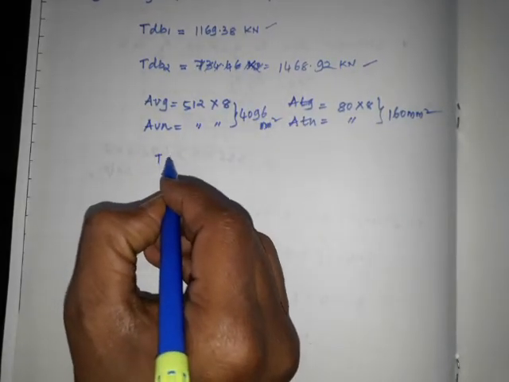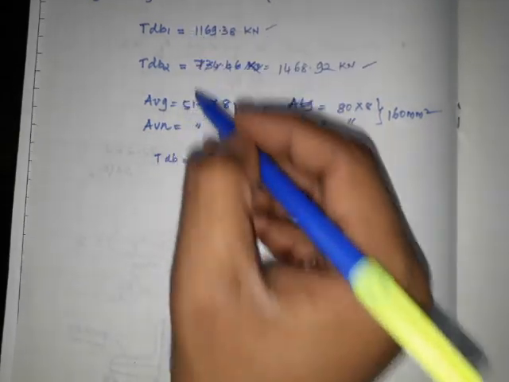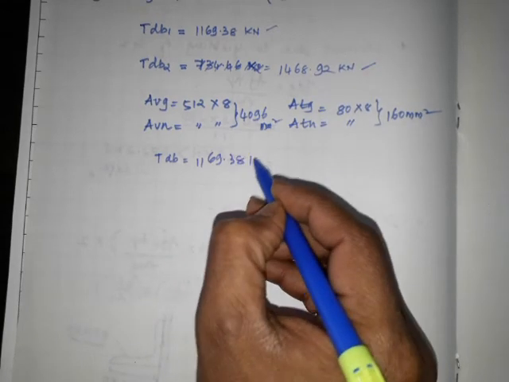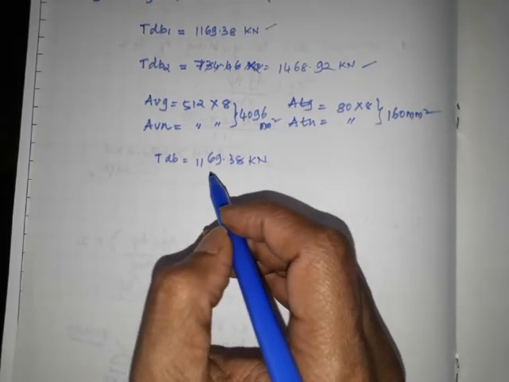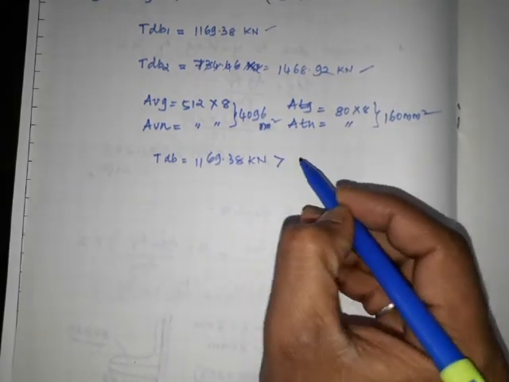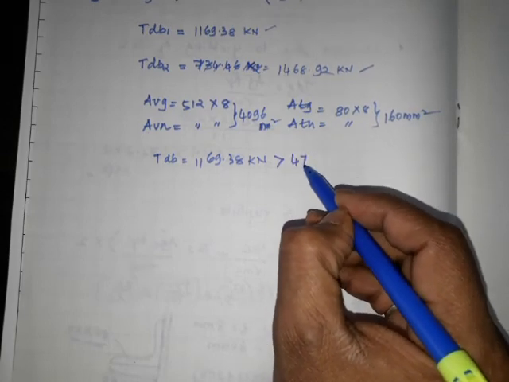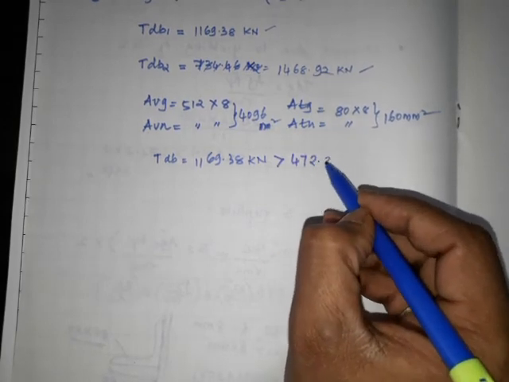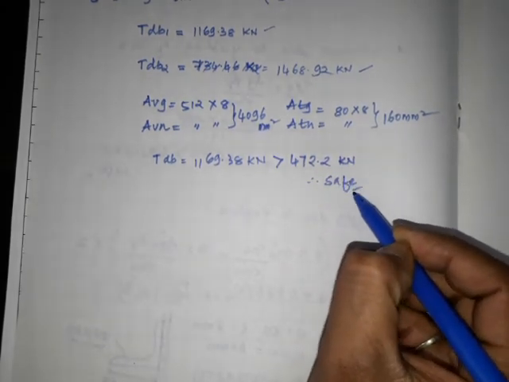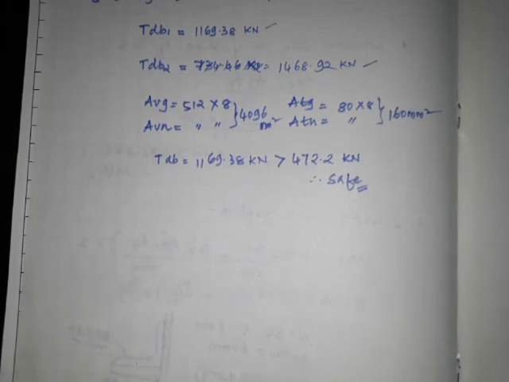TDB is equal to the least of these two, so it is 1169.38 kilonewton. The strength of the angle due to block shear is 1169.38 kilonewton, which is more than 472.2 kilonewton. Therefore safe. So the member we have selected is safe to carry the design tensile force.